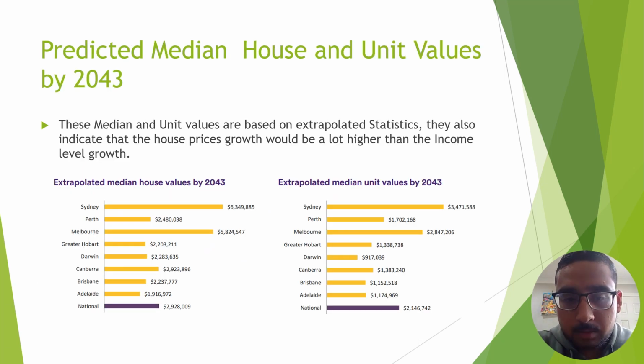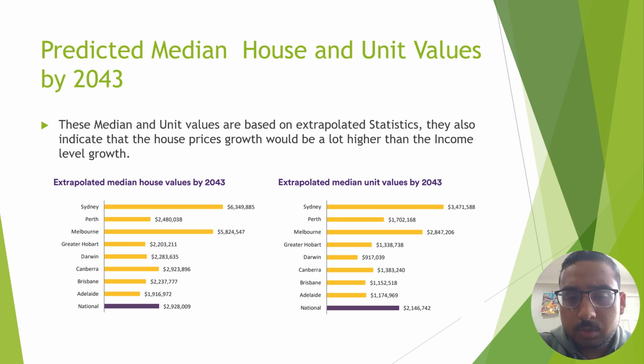Now we also look at predicted median house and unit values by 2043, and these are based on extrapolated median and unit values. By extrapolated statistics, we usually mean that these have been predicted from the market conditions in the current year, 2024. We can see that in Sydney the extrapolated median house value is 6.3 million, and for units it's around 3.4 million, with the national average at around 2.9 million for houses and 2.1 million for units.